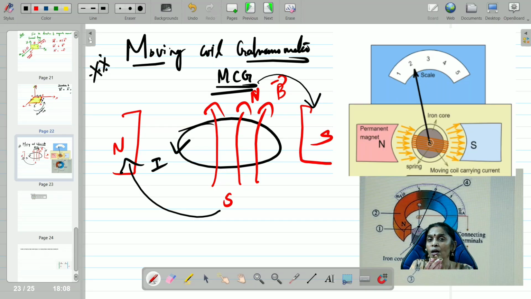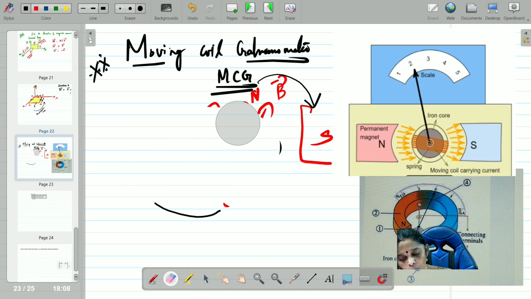The coil will tend to rotate because it is trying to move. So therefore, a torque is produced. When is a torque produced? You have to pass current through the coil, and you have to place it in the external magnetic field. That is what you are going to do.